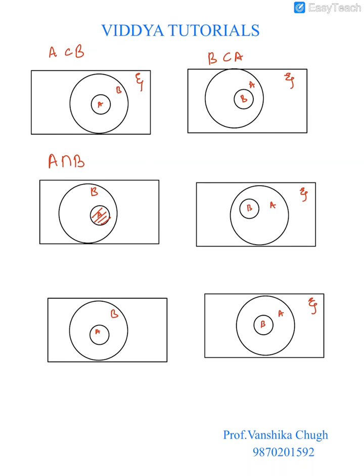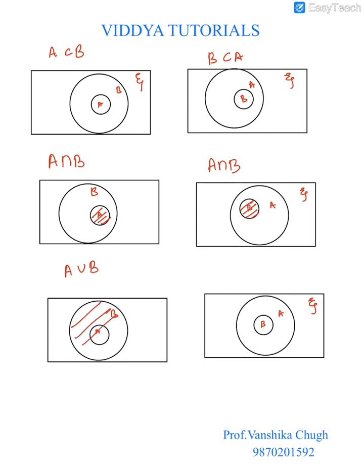So this shaded portion, the entire set A, is your A intersection B. Next, in this image it will be the entire set B. A intersection B will be your entire set B because all these elements are common in both the sets. Coming to your next one, A union B. A union B means all the elements of both the sets which belong to A and B.